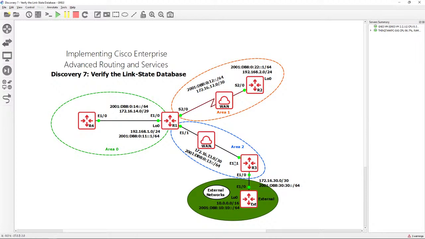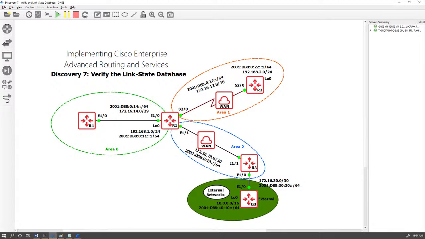So stubby and not so stubby are pretty much the same, with the exception of one allows an ASBR, one doesn't. Totally not so stubby, or NSSA total, however you want to call it, you're allowed to have an ASBR, but nothing is allowed to come in. No type 3s in, no type 5s in, only a default route comes in. And that happens automatically on router 1.